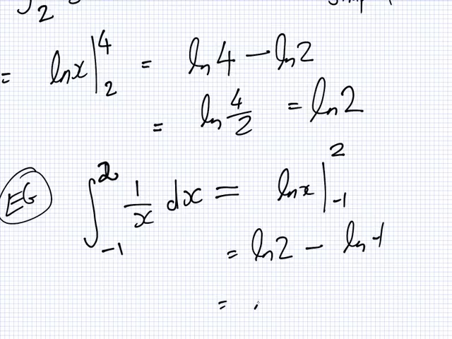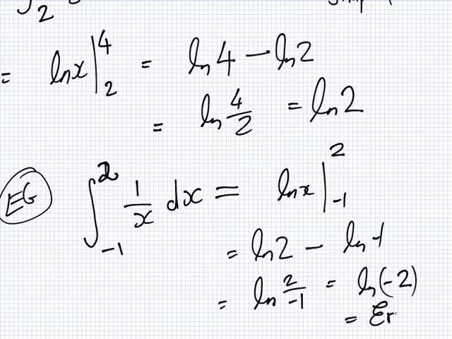So this becomes log 2 over minus 1, which becomes log minus 2, which becomes no answer. Error. So we actually don't have an answer here. We call this situation an improper integration. It was not proper to do it. It was improper.